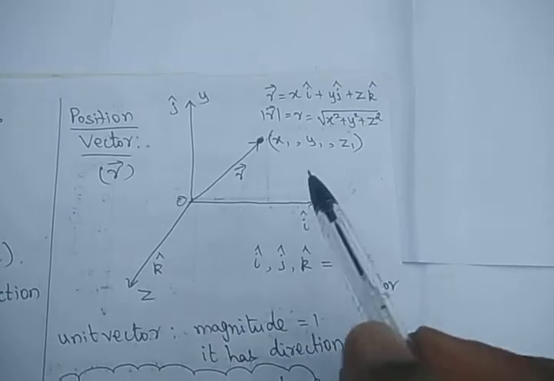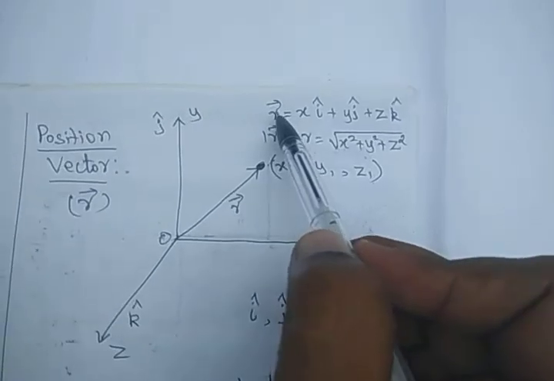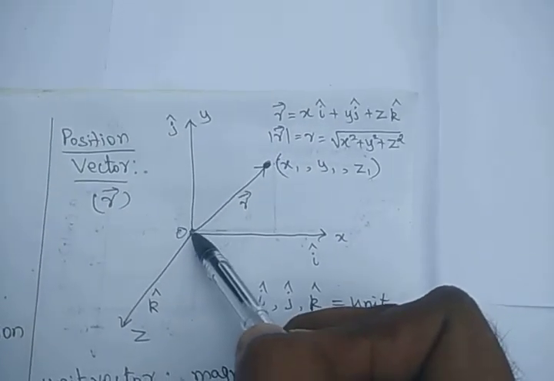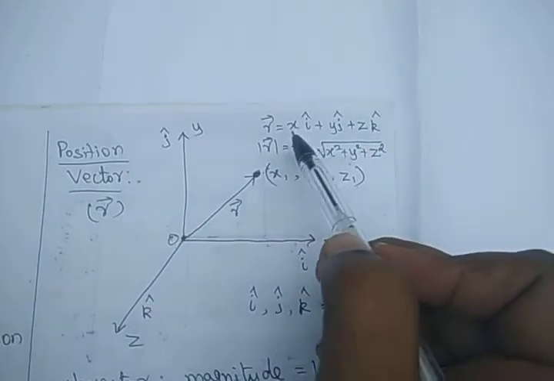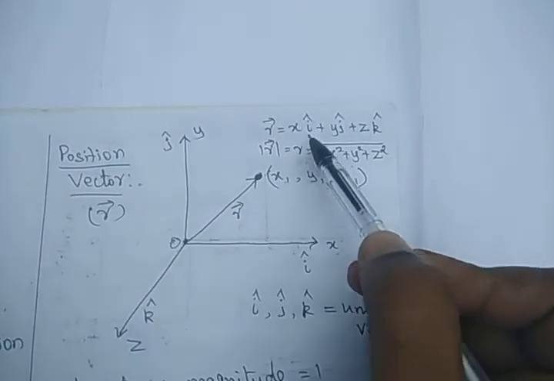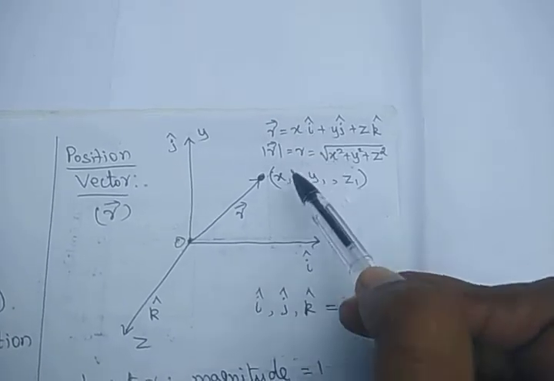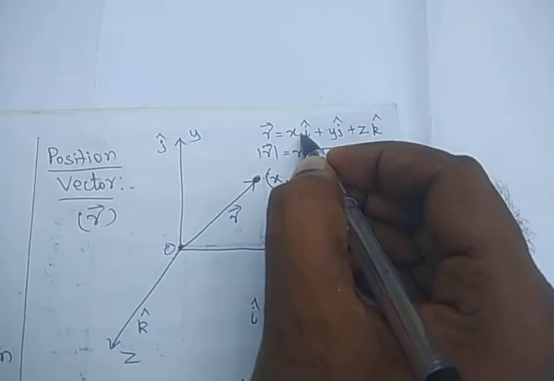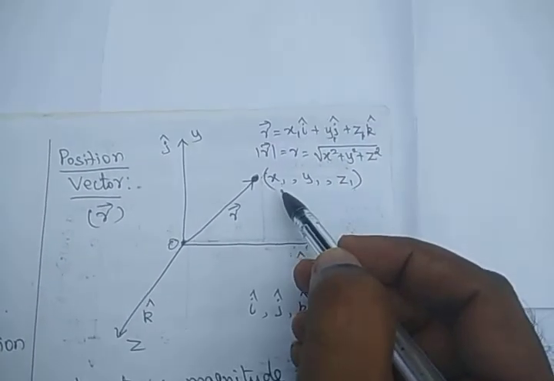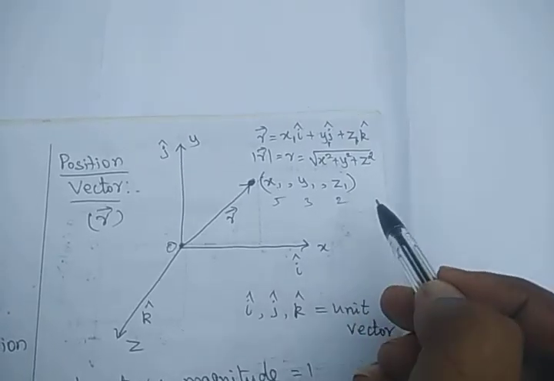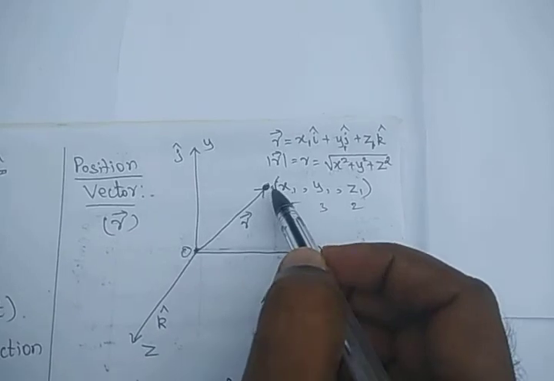So the r vector from the origin, the position vector, is equal to x i vector plus y j vector plus z k vector. Let us take x1, y1, z1 as 5, 3, 2: the position on the x-axis is 5, the y-axis is 3, and the z-axis is 2.